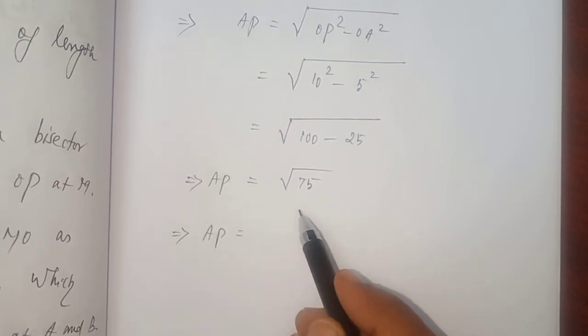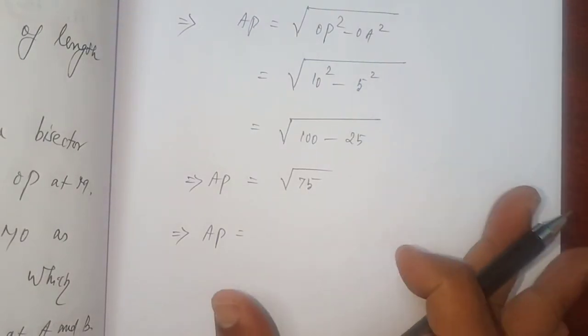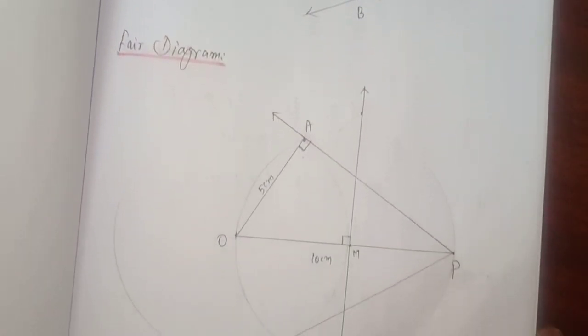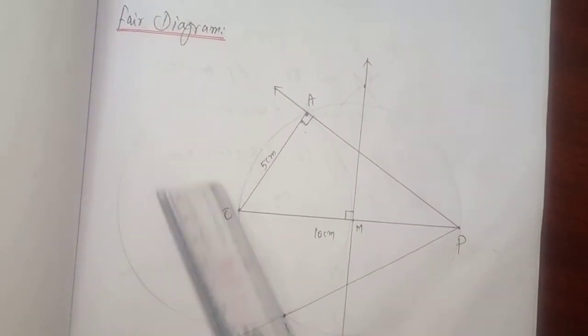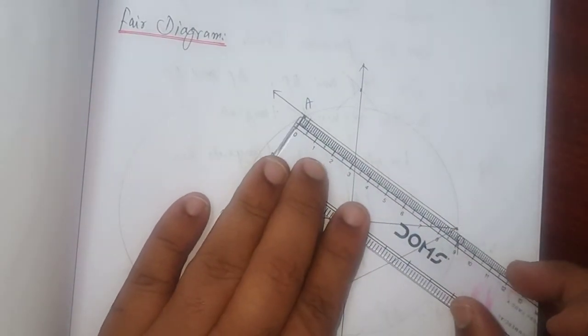For finding the square root of 75, you need not go for the long division method, not necessary. You just measure the length of AP from the diagram itself using a scale. Length of AP.